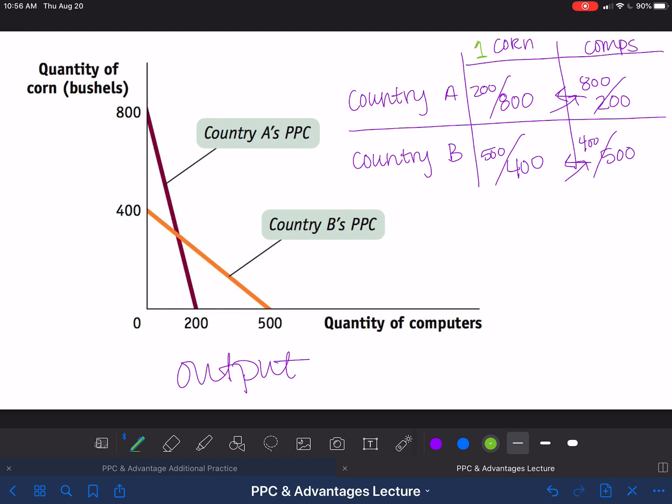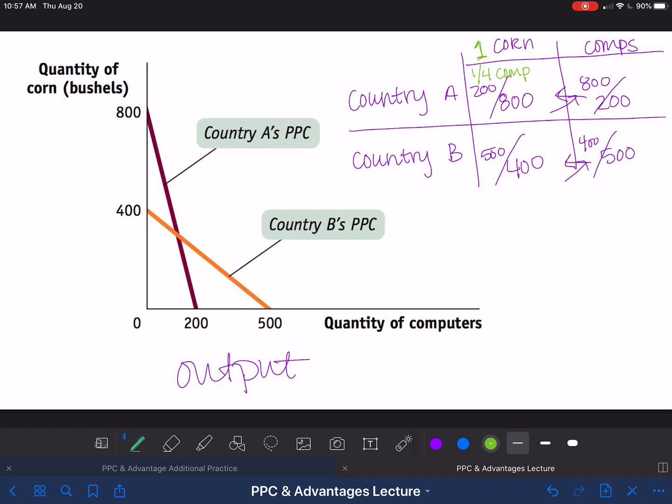So one corn is going to cost country A how many computers? Remember, we're looking for the opportunity costs, and we went over. So we're going to do 200 over 800, which is going to give us a fourth. So one corn costs country A 1/4 of a computer.